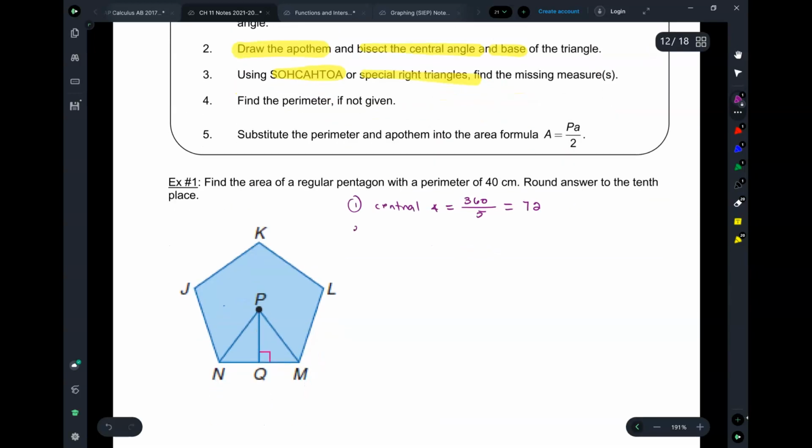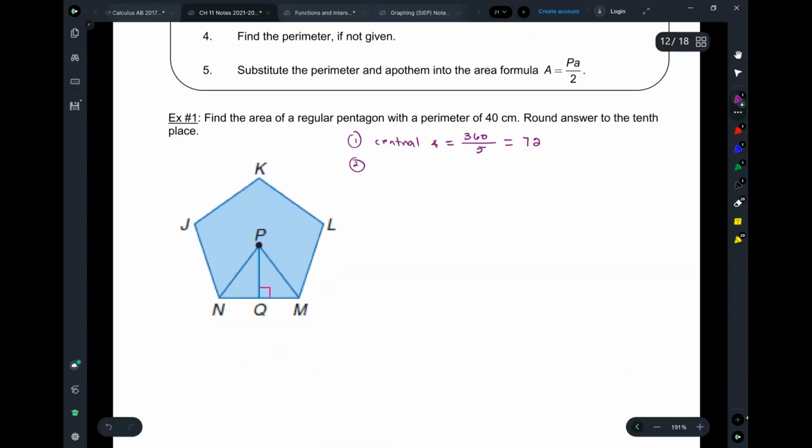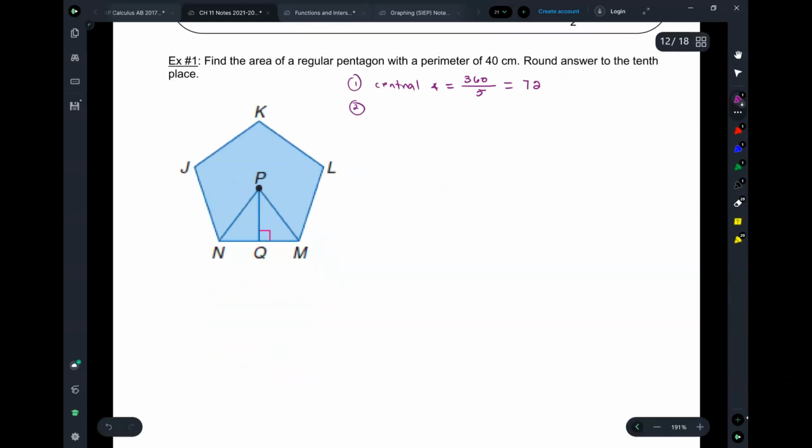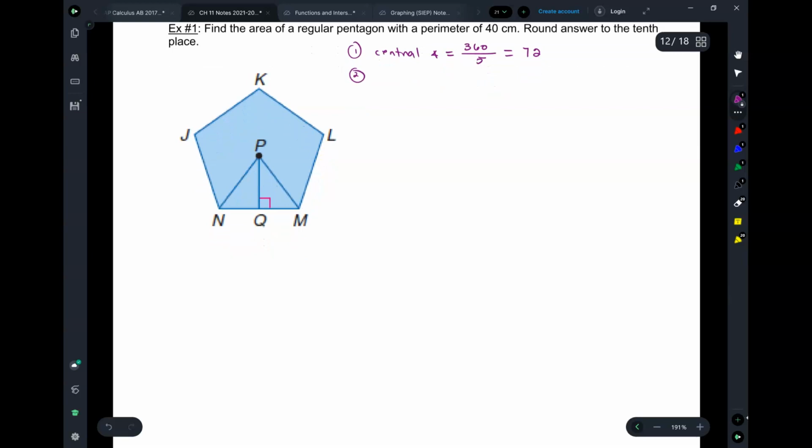Number 2 says to draw the apothem, which is done for us here. And we want to bisect the central angle and the side. So for example, if the central angle was 72, the apothem bisects the central angle. So this angle here is half of 72, 36. Okay, we can write that down here.